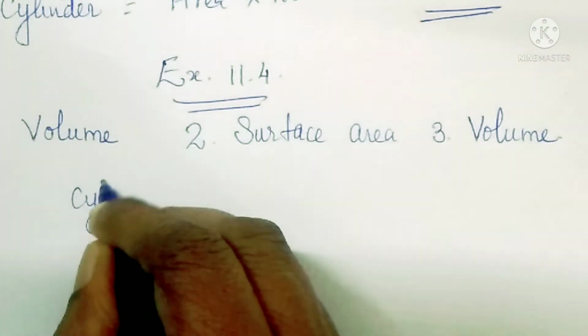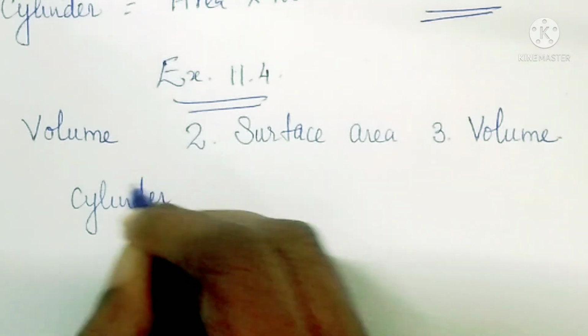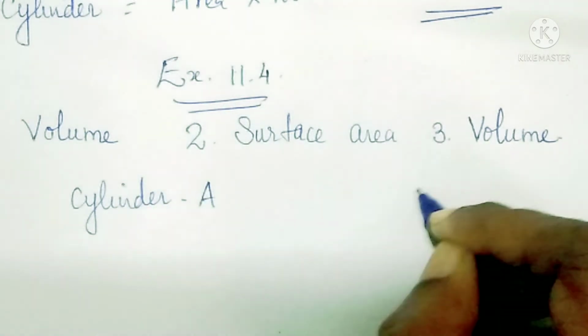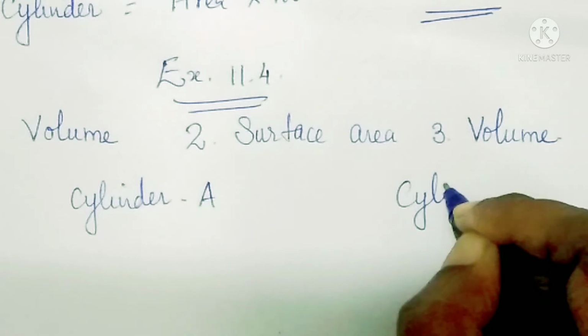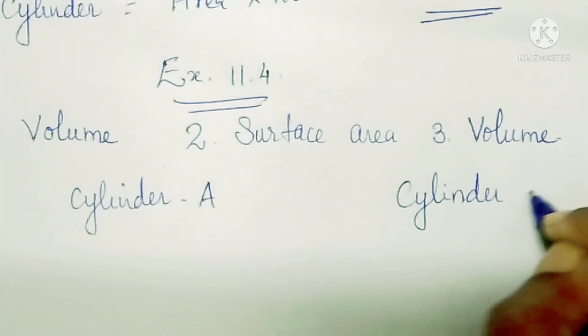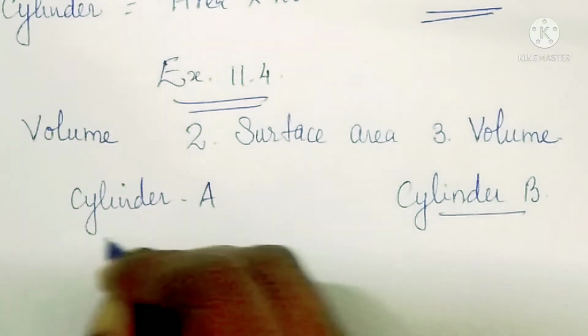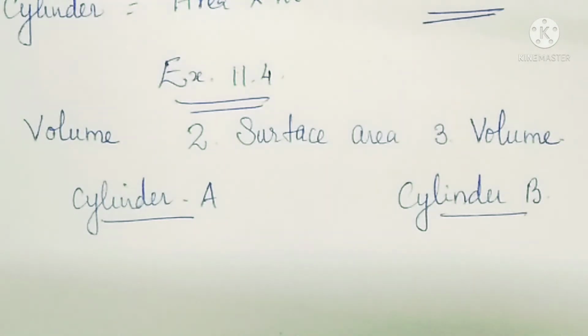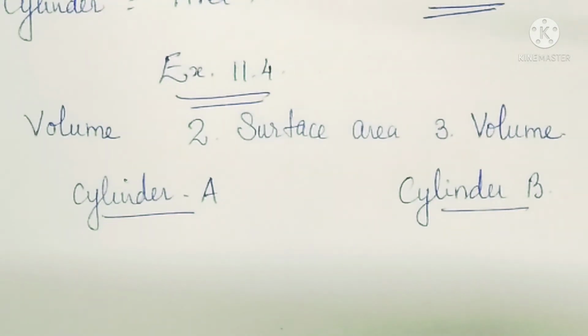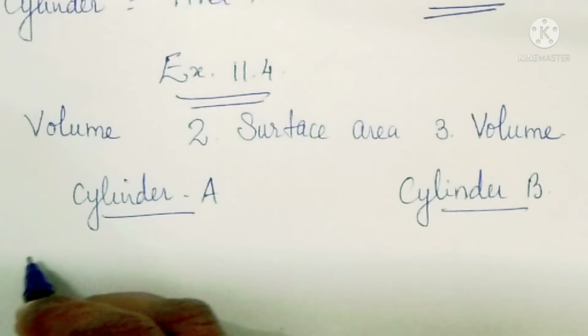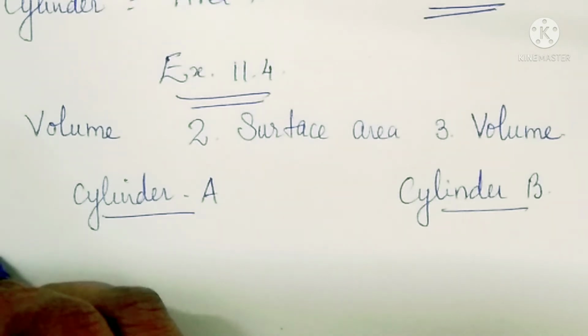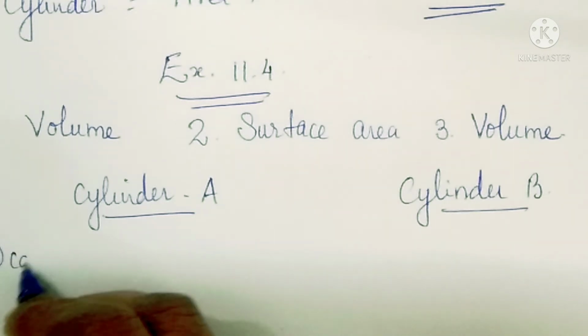Here is cylinder A and here is cylinder B. Two cylinders are there. For both cylinders the diameter is given. Let us write D for diameter.